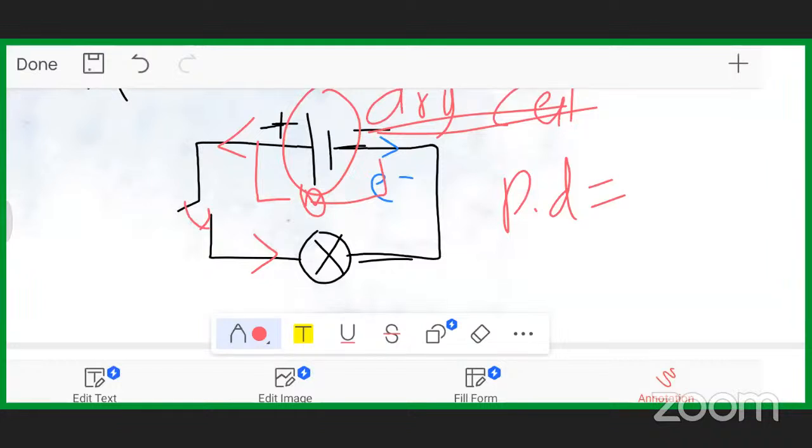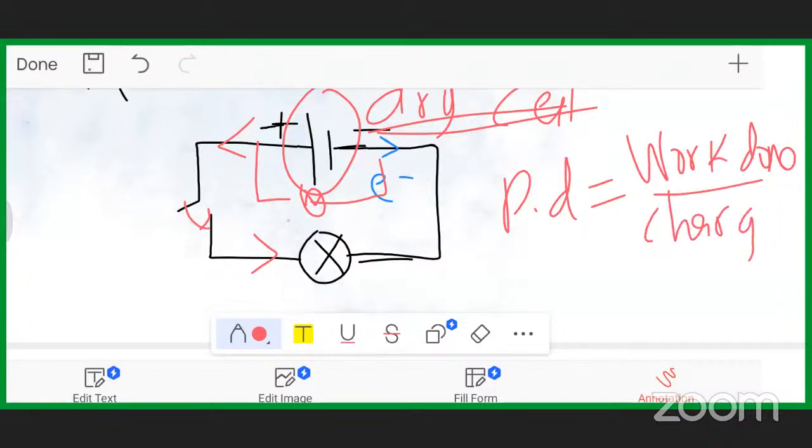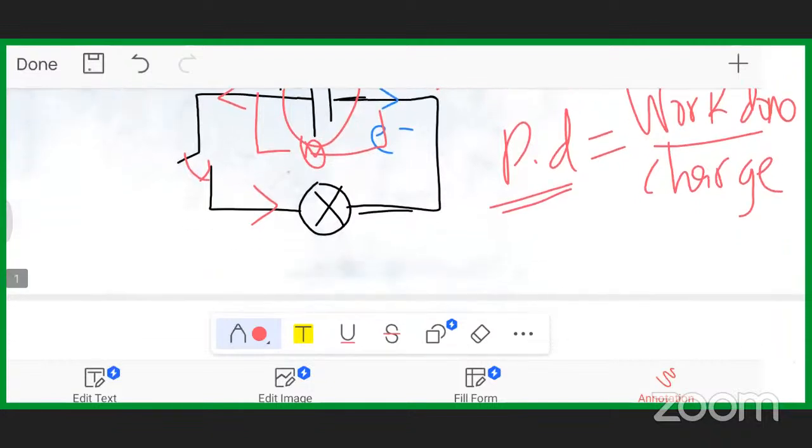So it's the idea of the work done in moving a unit charge from one point to another in a conductor. So that's the issue of the potential difference, and we normally measure it in volts.